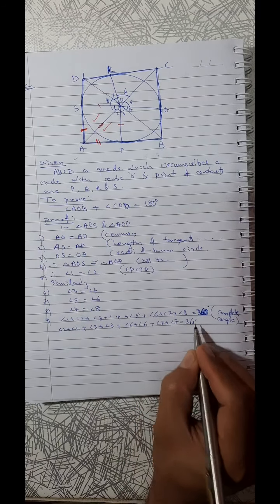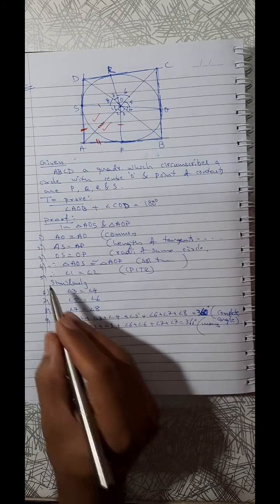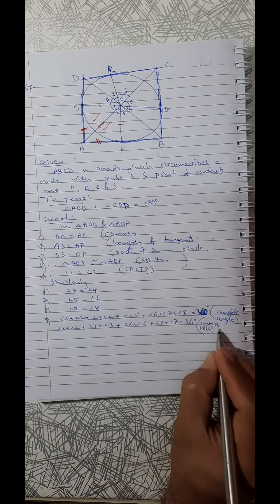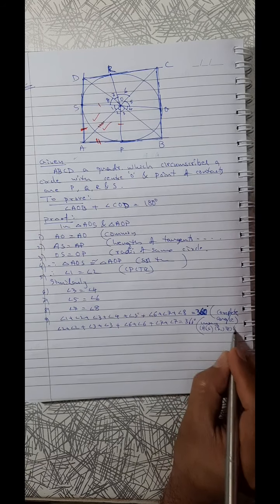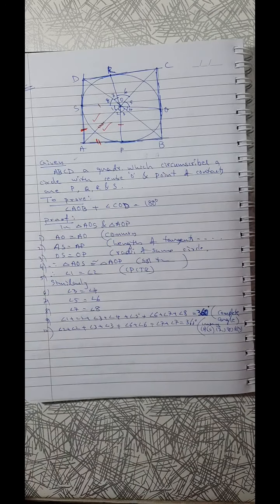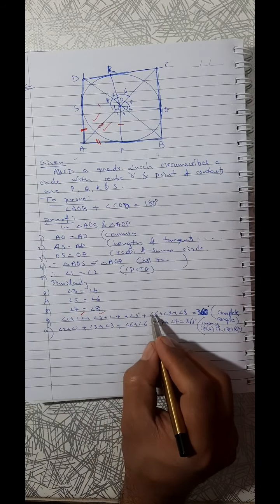For this, what is the reason? Using 5, 6, 7, 8 and 9, 1 and 2 are the same. From 1 and 2, 2 is selected. 3 and 4, 3 selected. 5 and 6, 6 selected. 7 and 8, 7 selected.